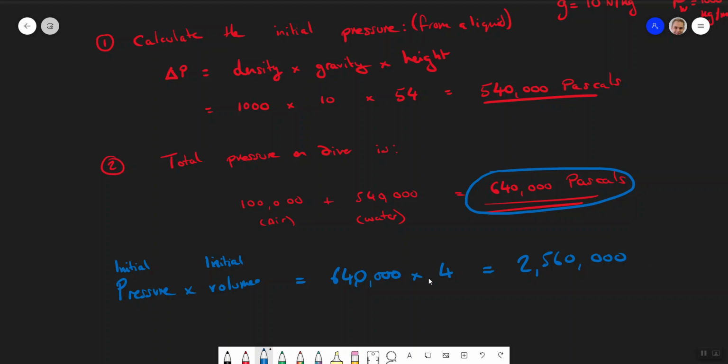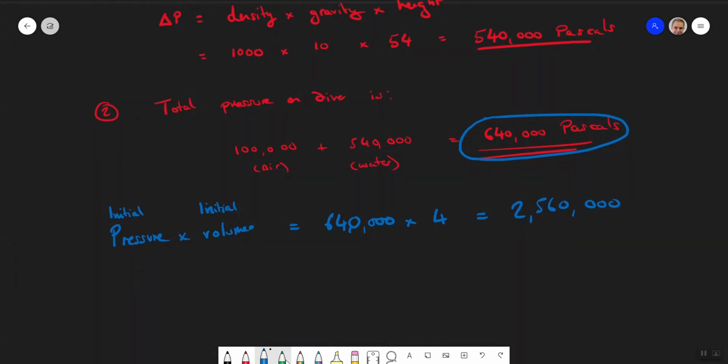Now that's obviously going to equal our final pressure times final volume, which is 100,000 times V, and that's also got to equal 2,560,000. So fantastic. Oh, that's a nice easy one, because it's just that divided by that.